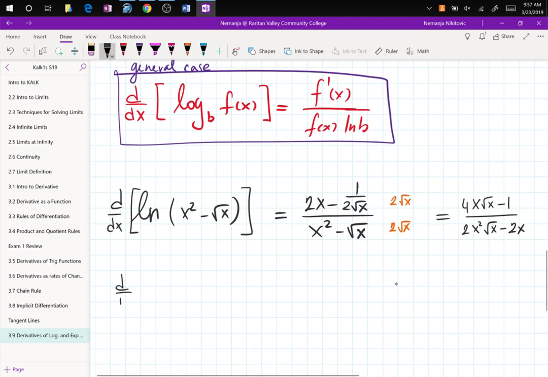You can also have trig inside. So what's the derivative of ln of, let's say, tangent x? Derivative of ln tangent of x. So you put tangent as is in the denominator, and the derivative of tangent, secant squared x, goes on top. And you can simplify this a little bit.